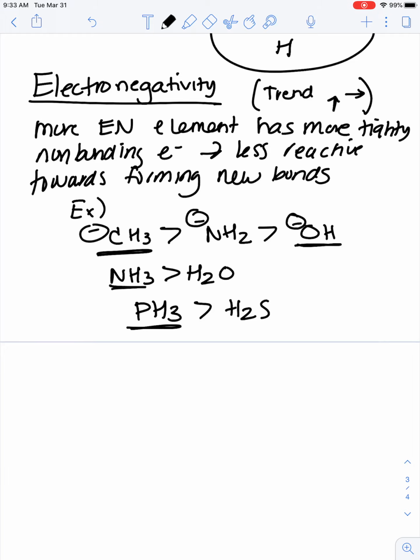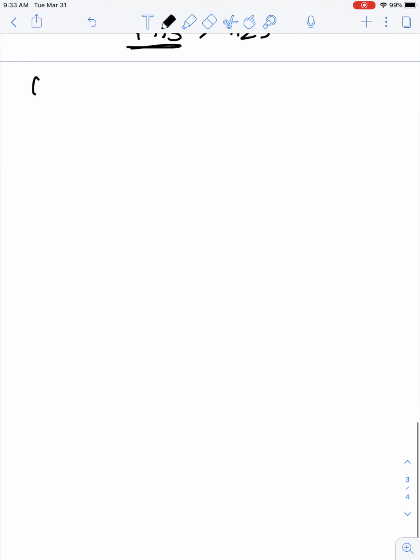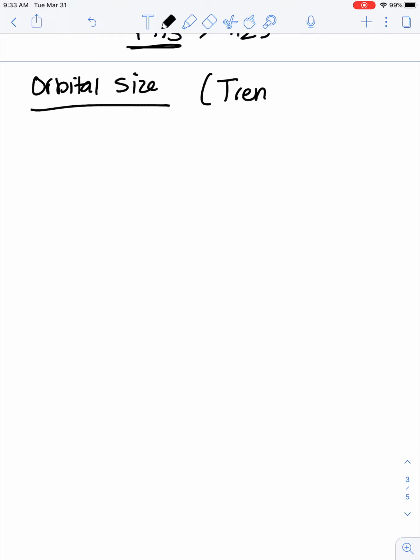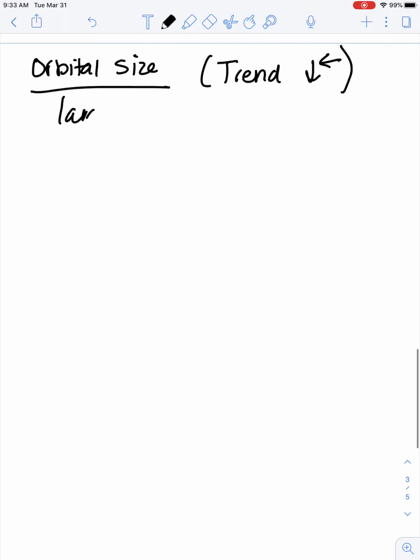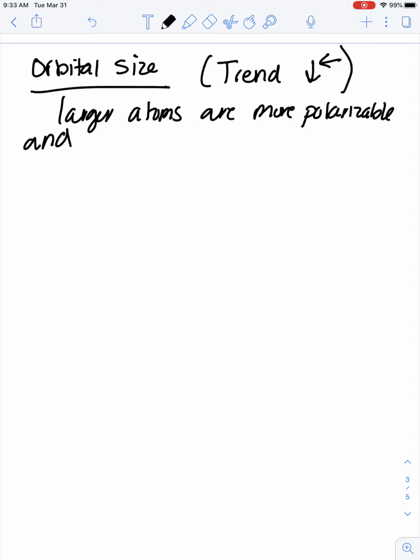Another thing that we have to think about when we're looking at the nucleophile is orbital size. So again, let's think of the trend for orbital size. So larger atoms are going to be more polarizable, so they are going to be able to have better overlap in the transition state.